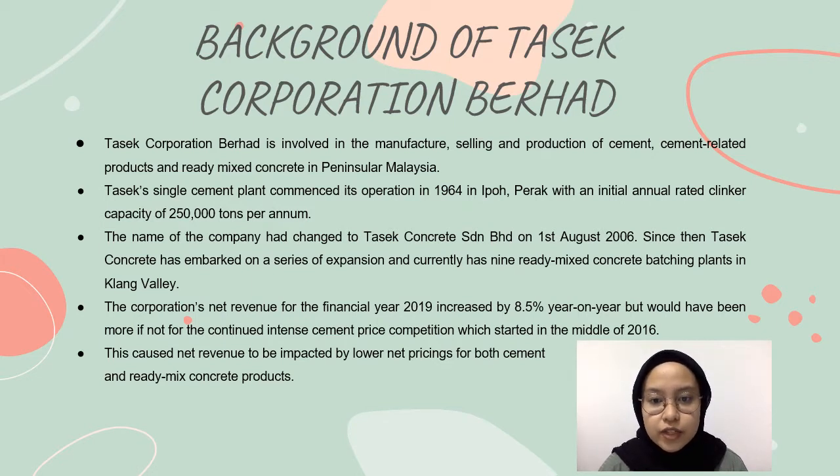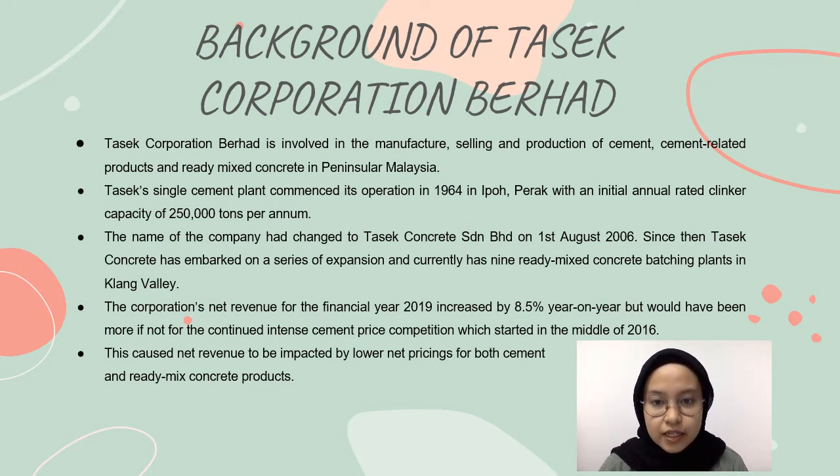The name of the company had changed to Tasek Concrete Sdn Berhad on 1st of August 2006. Since then, Tasek Concrete has embarked on a series of expansion and currently has 9 ready-mix concrete batching plants in Klang Valley.